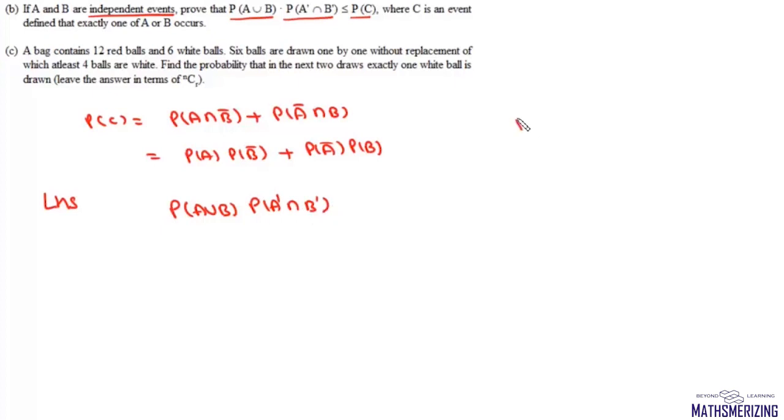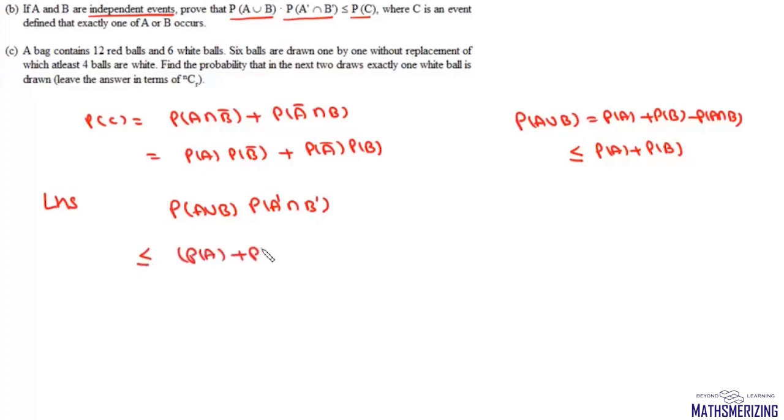Now we know that probability of A union B is probability of A plus probability of B minus probability of A intersection B. So this probability of A union B will always be less than or equal to probability of A plus probability of B. So we can write probability of A union B will be less than or equal to PA plus PB, and here since A and B are independent, we can write this as probability of A naught into probability of B naught.